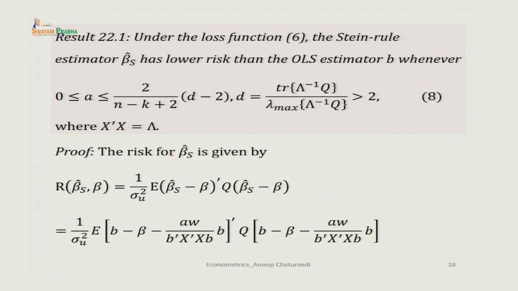Now, the risk of beta hat S can be written as R(beta hat S, beta) equal to 1 upon sigma square u expectation of (beta hat S minus beta) transpose Q (beta hat S minus beta), and then we substitute the value of beta hat S here. So, we obtain b minus beta minus A w upon b transpose lambda b times b, then we have the transpose of this, Q, and then again the same vector, and we multiply it.